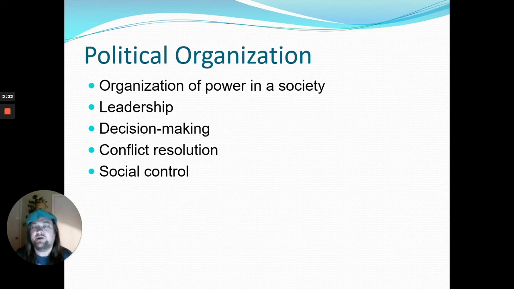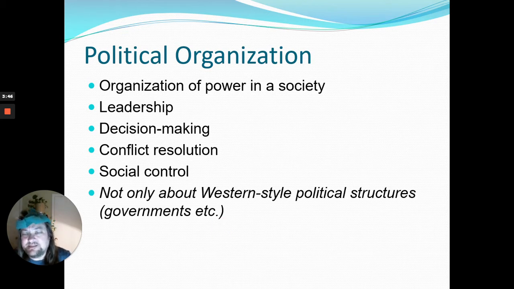So there are ways that a society sets itself up to try to make sure that people mostly follow the norms. Okay, so essentially what anthropologists emphasize is that when we say political, it's not just about Western-style political structures.